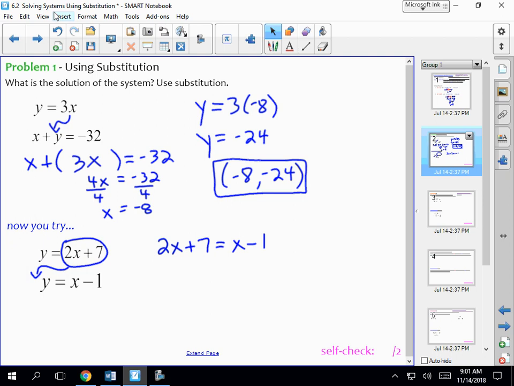Yep. x equals negative 8. And if x equals negative 8, go plug it in and find y. Find the good old y. You're going to set these two equal to each other. So 2x plus 7 is y. Then you get to find y. y equals negative 8. That's a good start. Now solve.